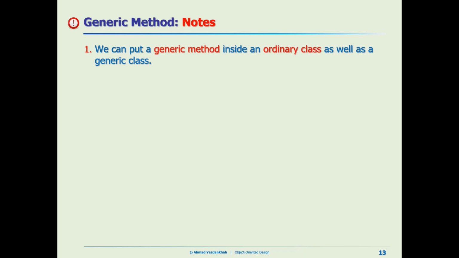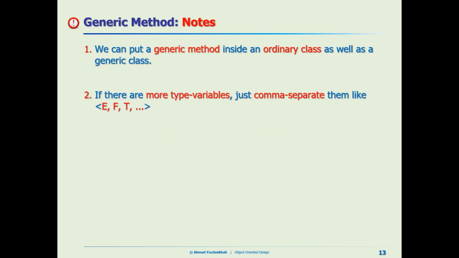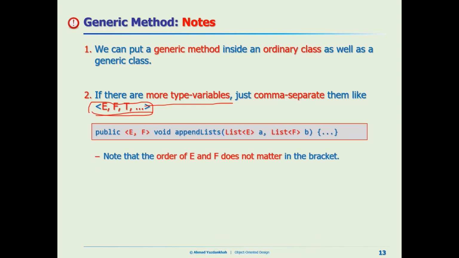No matter what kind of class you have, you can put your generic method inside it. Also, if we have more type variables, as we mentioned before, we just comma separate them. Here is the place. Just comma separate them if you need more type variables. Also, the order doesn't matter.